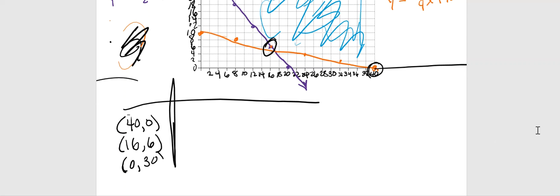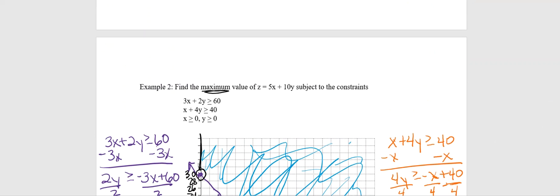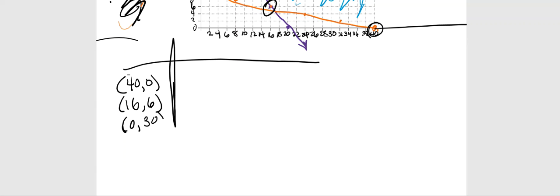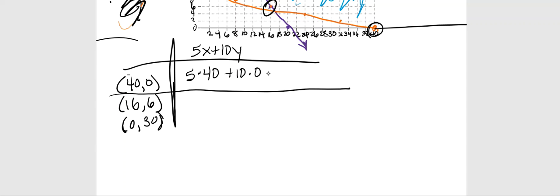So I'm going to go ahead and go up and grab my function. 5x plus 10y is my objective function. So 5 times 40 plus 10 times 0. 5 times 40, so we got 200.